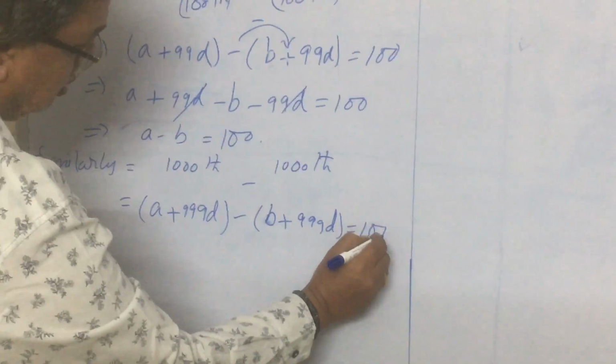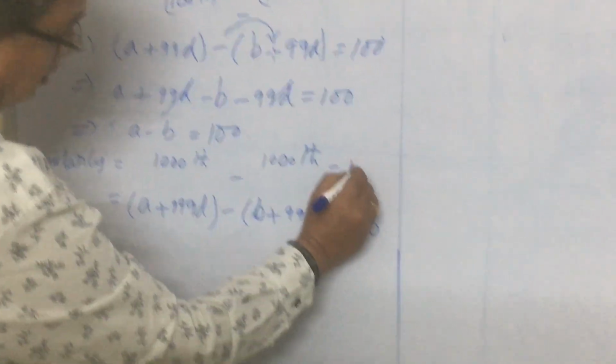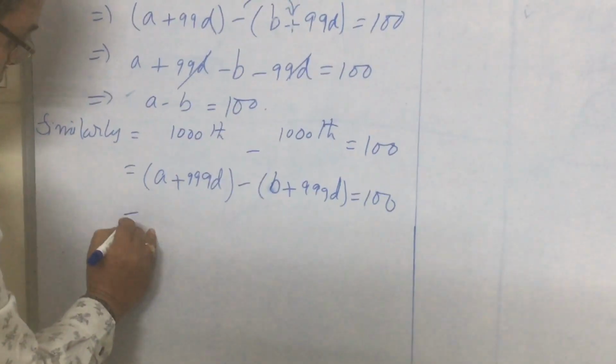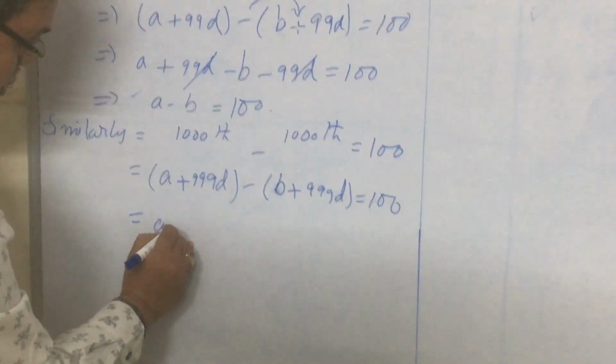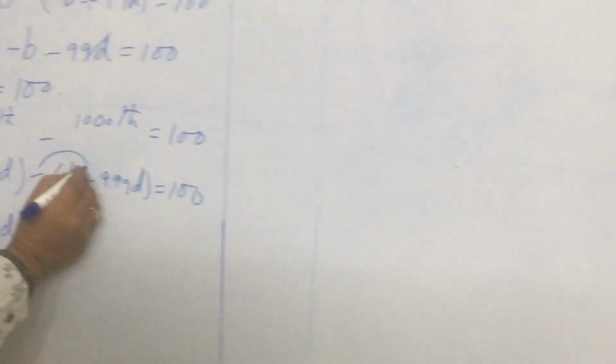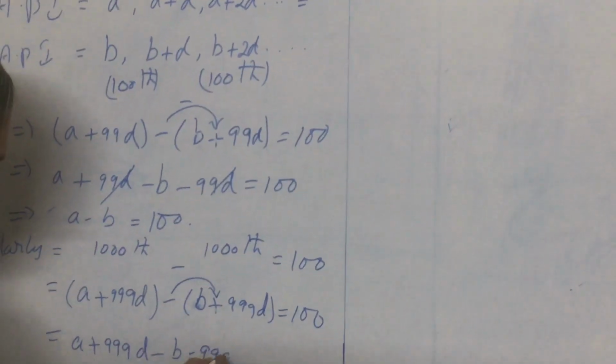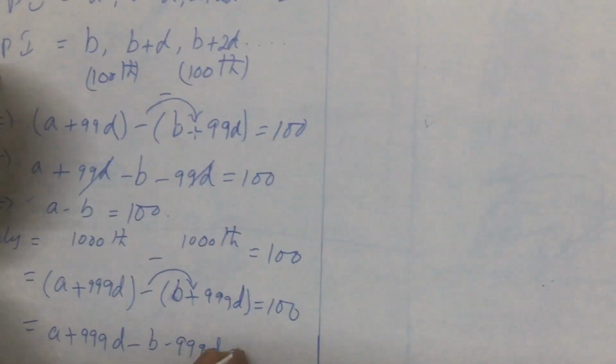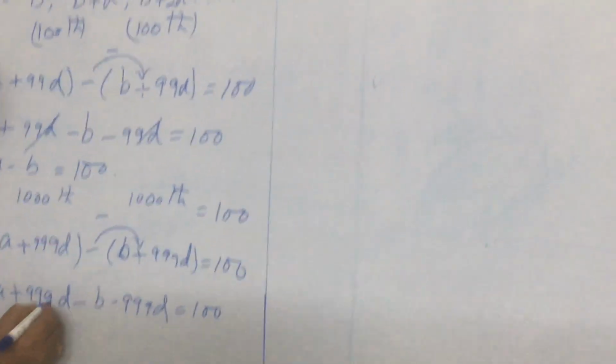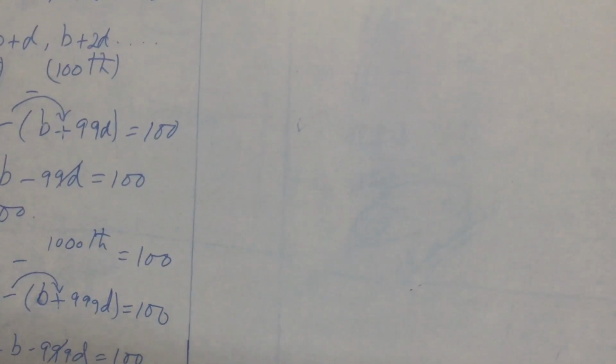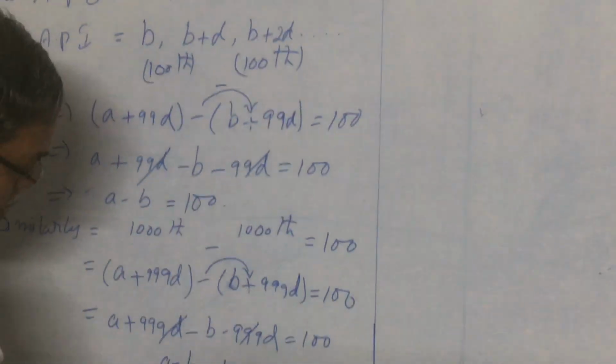Here also 100 is given. Then A plus 999D minus B minus 999D, the minus changing in the bracket, is equal to 100. Therefore the 999D terms are cancelled, and A minus B is equal to 100.